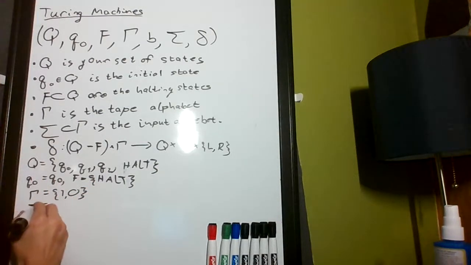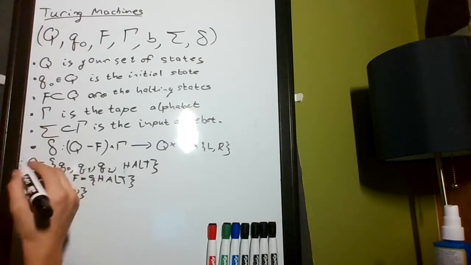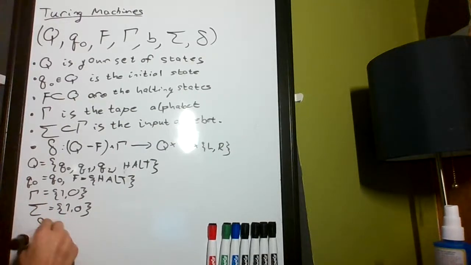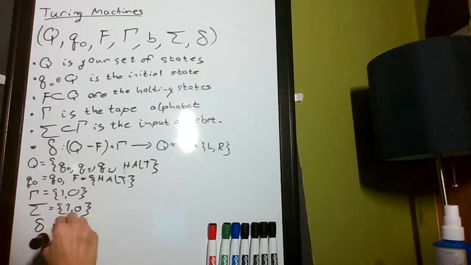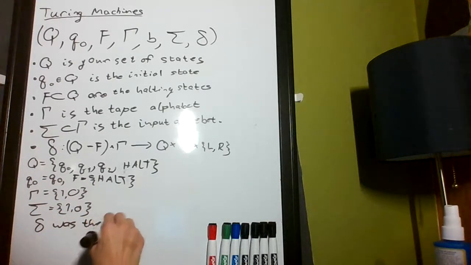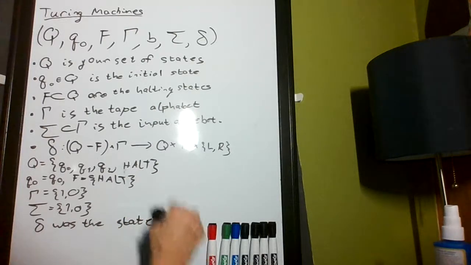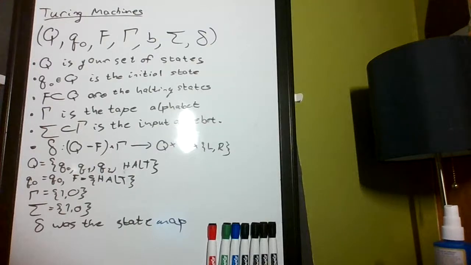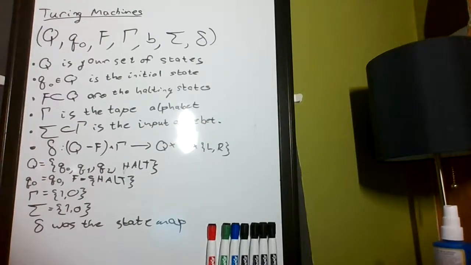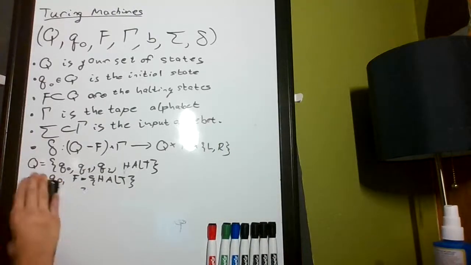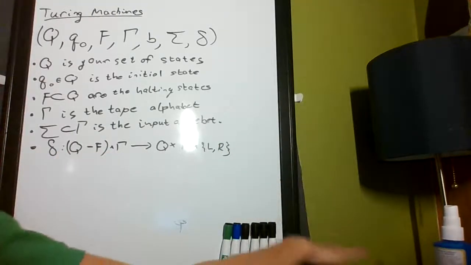Sigma is going to be the set of 1 and 0 again. And delta was the state map, the thing I wrote out. So that's the idea behind Turing machines. They're just computers where you write on tape.